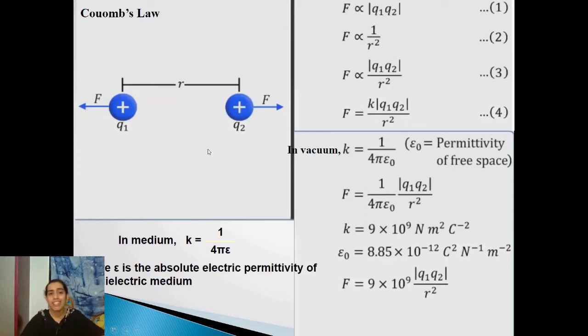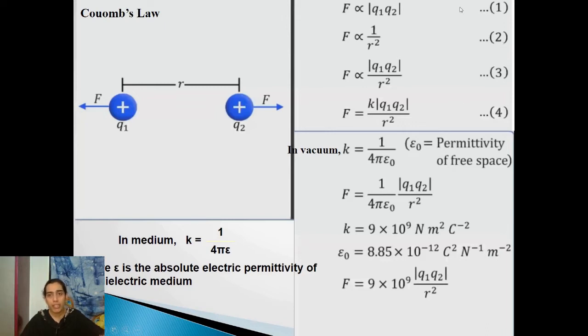Now, the second sentence of the statement states that the force of attraction or repulsion will be inversely proportional to the square of the distance between these 2 point charges. Mathematically, it can be written as F is inversely proportional, meaning 1 divided by r square. Let us consider that as equation number 2.